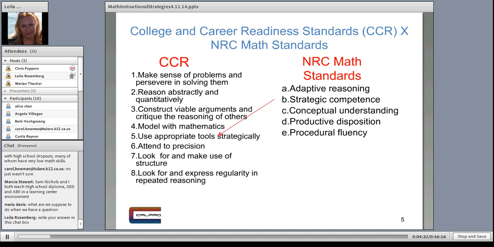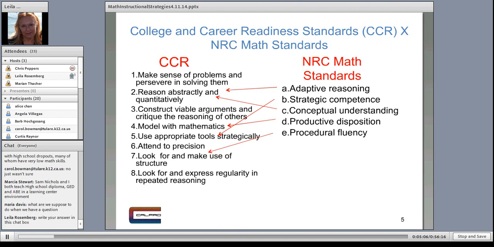They compared strategic competence with use appropriate tools strategically. Productive disposition corresponding to model with mathematics. Procedural fluency to look for and make use of structure. Conceptual understanding with reason abstractly and quantitatively. Adaptive reasoning, again with reason abstractly and quantitatively.